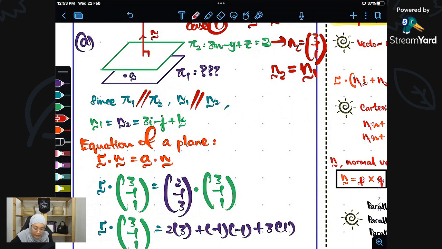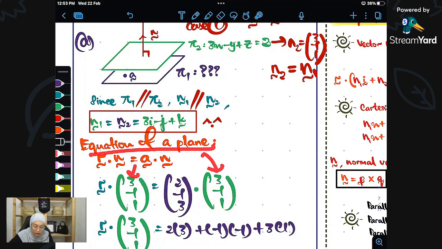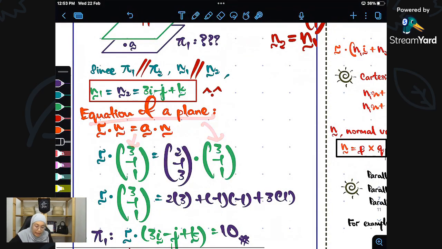The normal vector is the same. Since the normal vector is the same, we are so happy. When we are happy, we can substitute this normal vector into the equation of plane formula. Just put it in, and we get r dot with 3, negative 1 and 1. See, this is the normal vector, right?